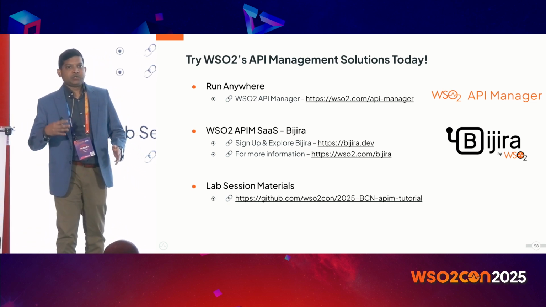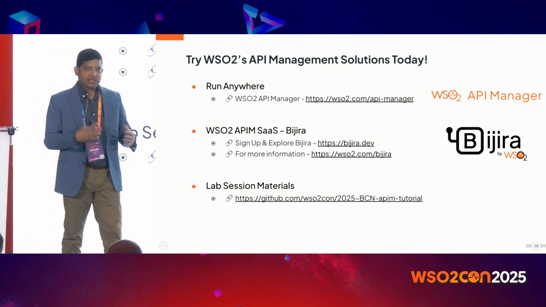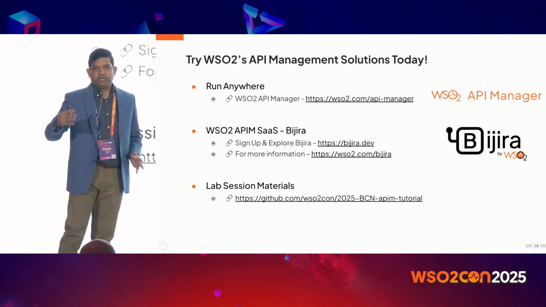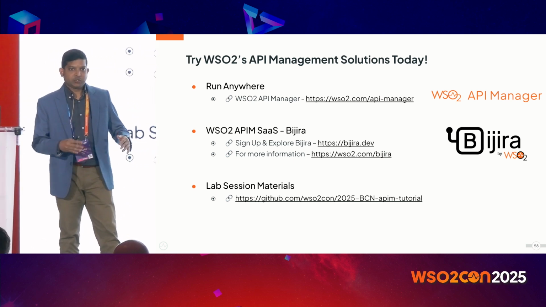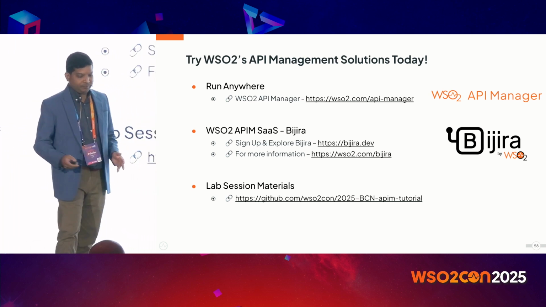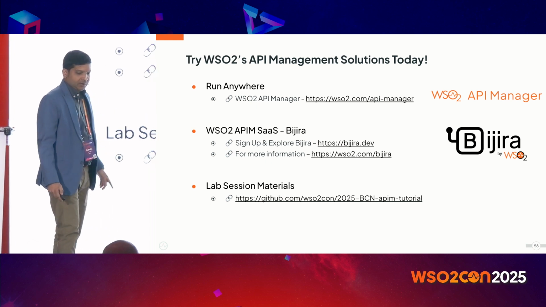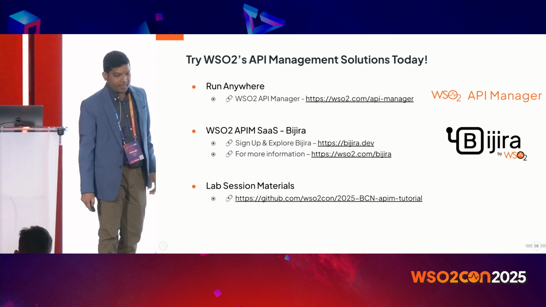The backend is based on Choreo. We are fully production ready, but we'll take a few weeks to make sure we enhance the user experience even more. You can find all the lab sessions in this URL. We have the Git repository.